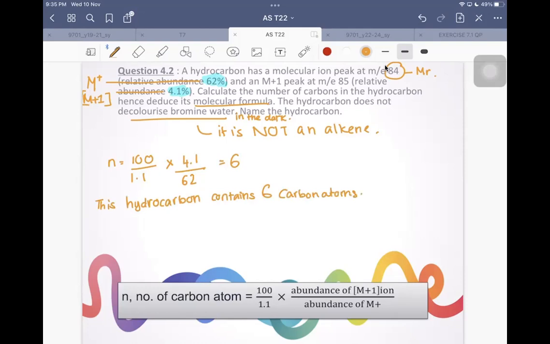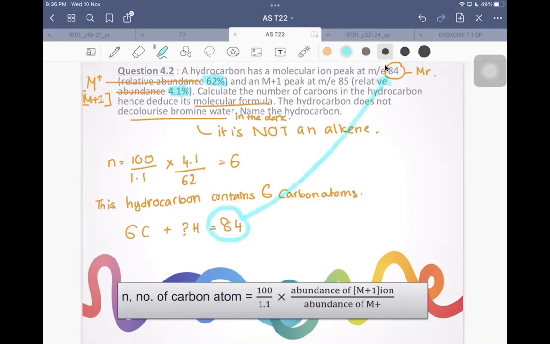However, since I know that there are 6 carbon atoms and I know the Mr of this molecule is 84, I can find the remaining mass, which should tell me that it belongs to hydrogen. Okay, so that means 6 carbon plus however many hydrogens, I don't know, equals 84, where 84 comes from here.